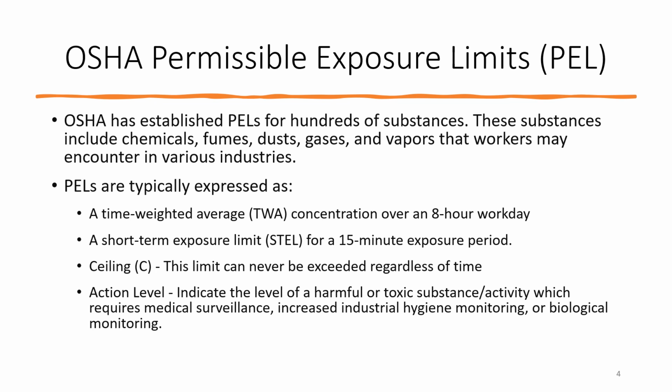But if you're going to exceed that 25 or 30, you have to put the following mechanisms in place. It might have medical surveillance, it might have a respirator, it might have all that kind of stuff. But you still can't go over 50. If you go over whatever they set it at, that 25 or 30, you have to do the following. So you will see at times there's a few that have an action level on there.